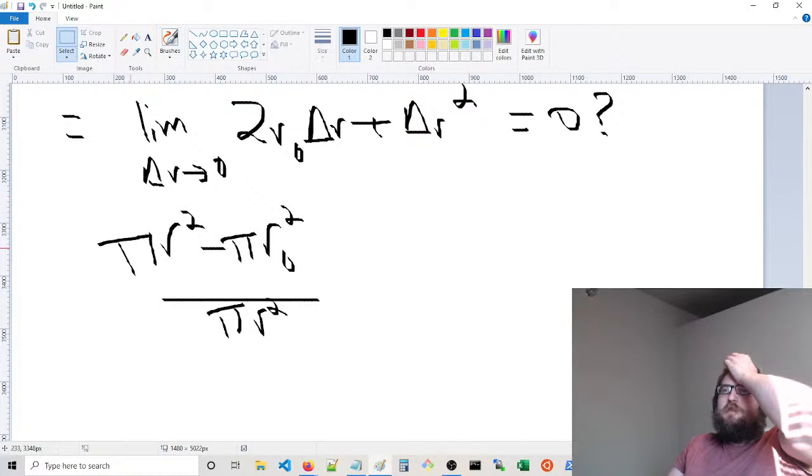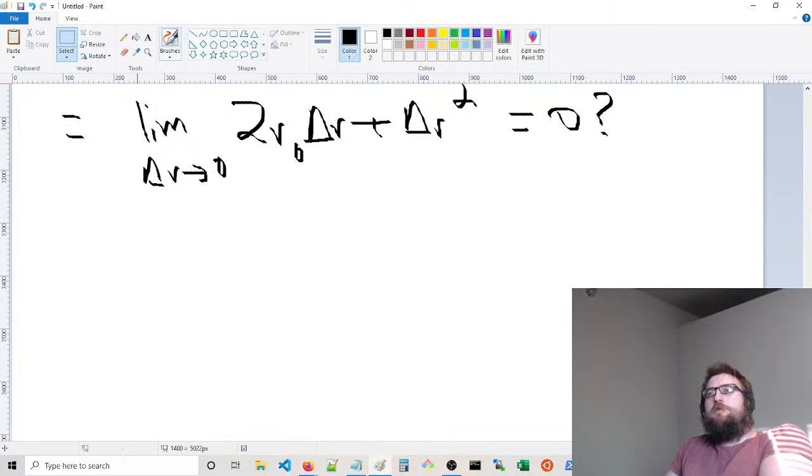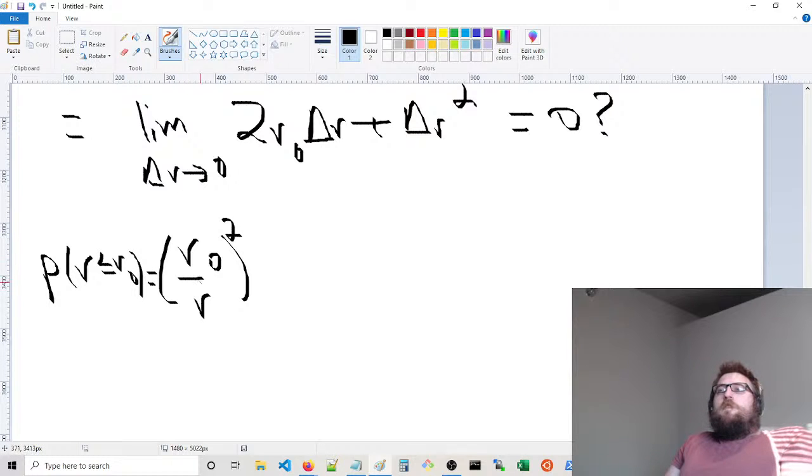No, it's actually r sub 0 over r squared. Yeah.